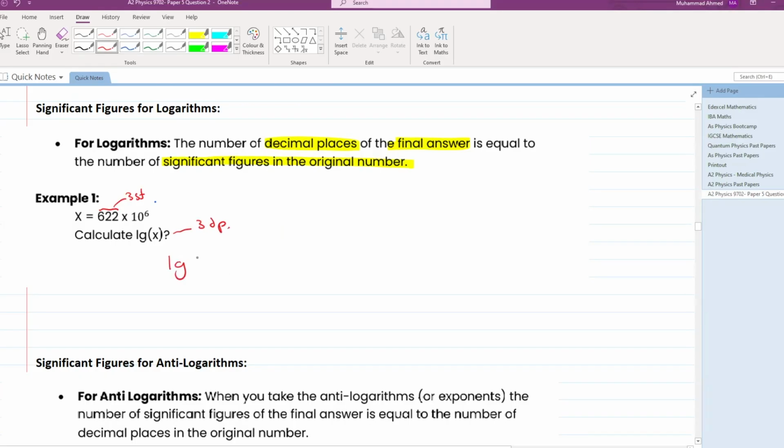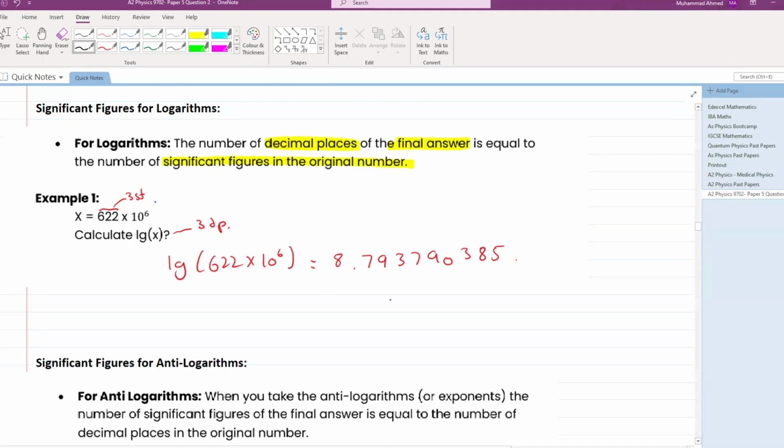Let's calculate it. Log 622 times 10 raised to the power of 6. Let's utilize the calculator. This comes out to be 8.7937908038. Yeah, this is a pretty large answer, but you cannot write this.